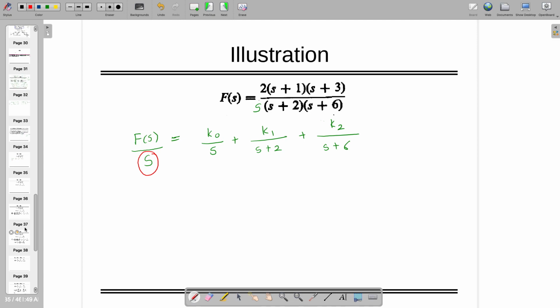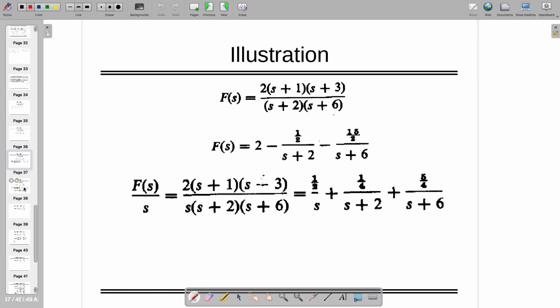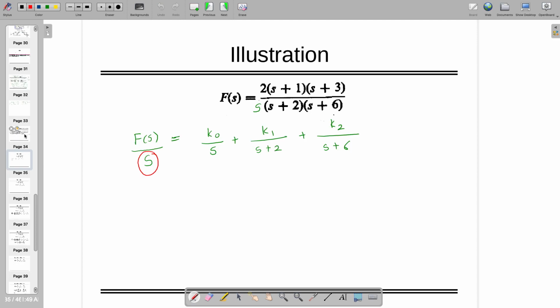So can you find out this? Okay, so we reached here. Can you find out this K0, K1 and K2? Are you getting positive entries? Right?